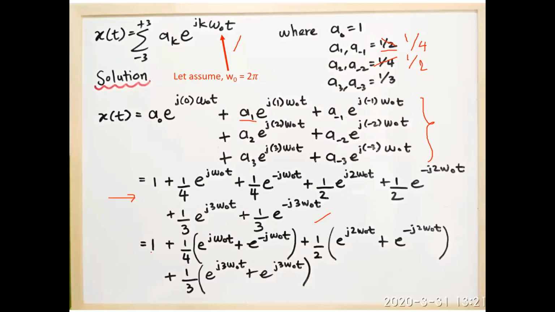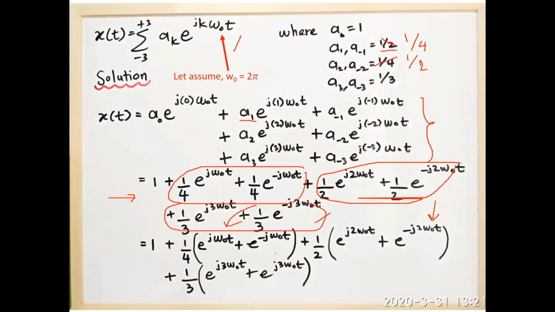You have 1 plus, grouping together k equal to 1 and k equal to minus 1, e^(jωt) plus e^(-jωt) in brackets times 1 over 4, plus 1 over 2. This one you get here, this one you get this part, and the third one you arrange to get the third term.